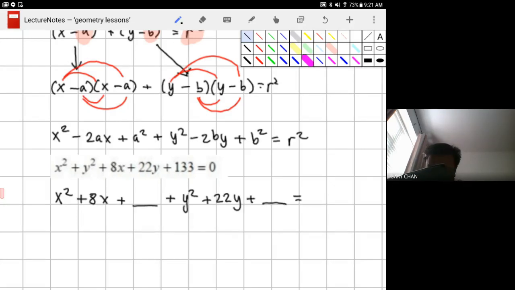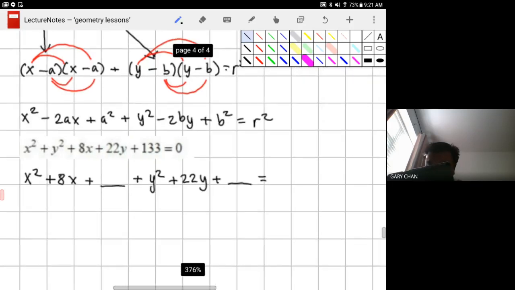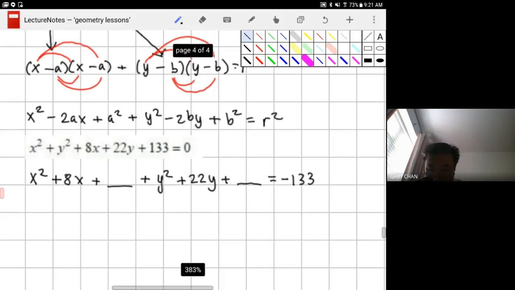And the 133 I want to bring to the other side, so it becomes negative 133. Have I changed anything from the original problem? Not really. I just rearranged it, I just dressed it up a little differently.